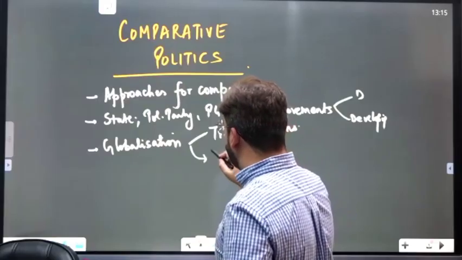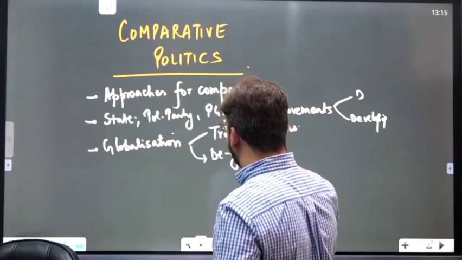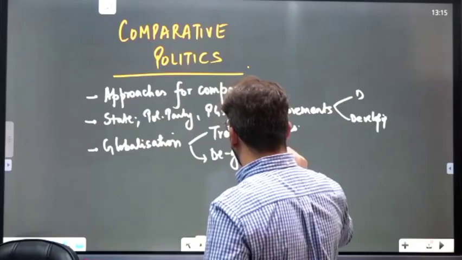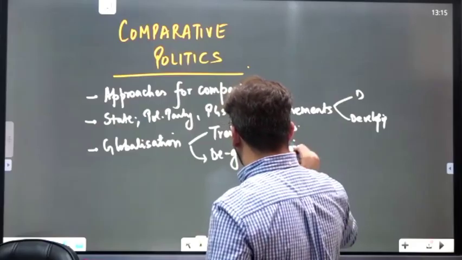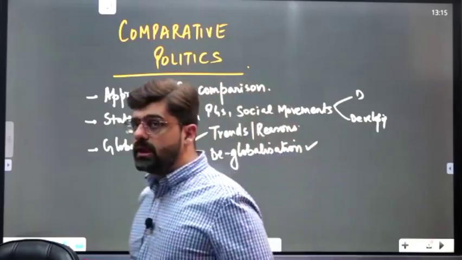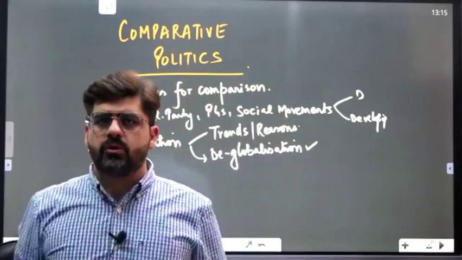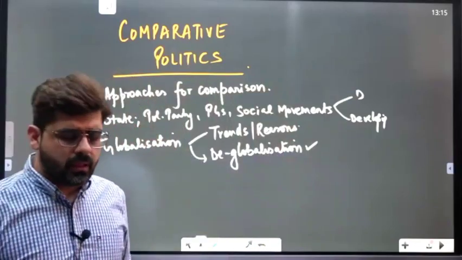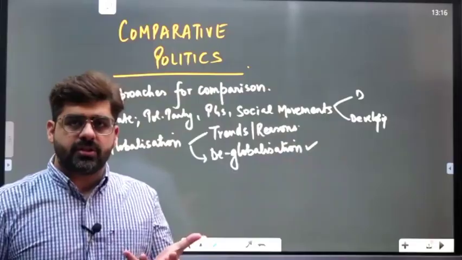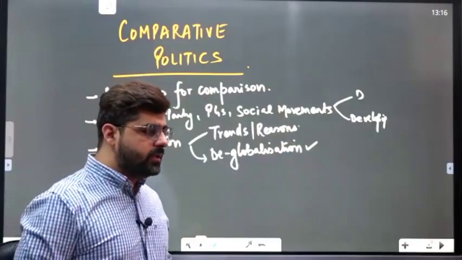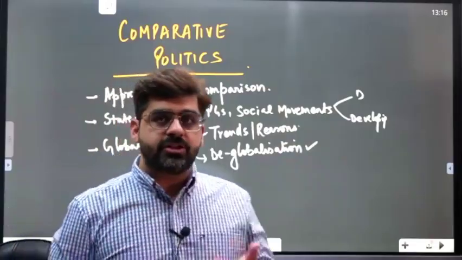And now lately we have started talking about deglobalization also. In the 2025 PSIR paper, there is a question on deglobalization. So why are we now talking about deglobalization? Deglobalization is more like protectionism, and the world is moving towards more and more protectionist policy.